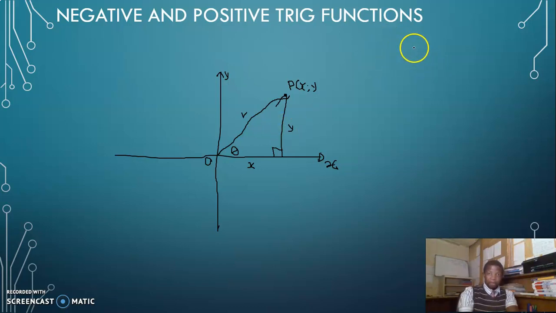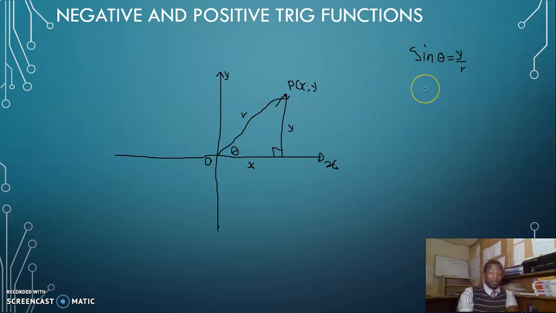So sine theta is going to be y over, it's opposite over hypotenuse, and our hypotenuse in this case is r.